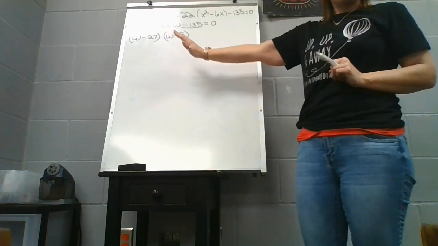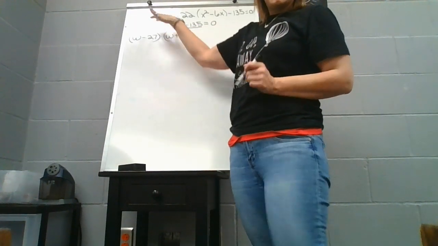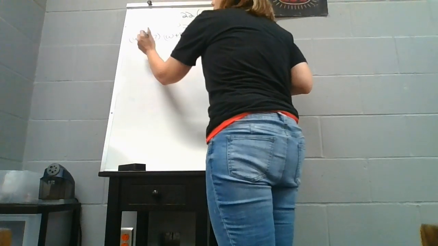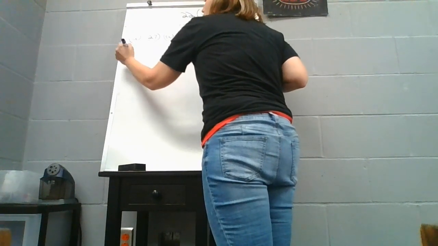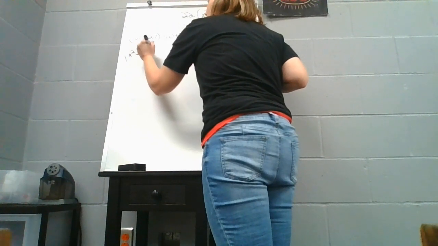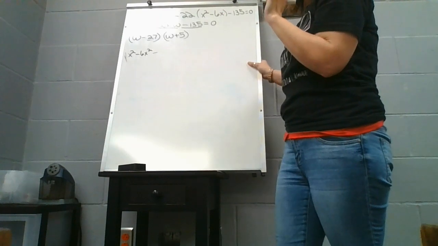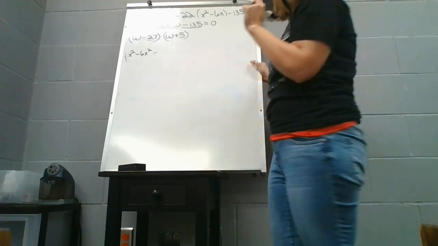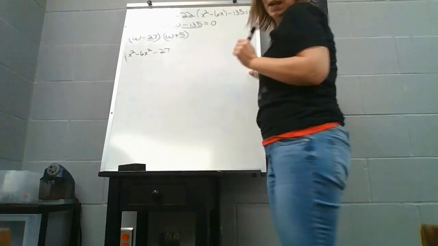We're going to replace W with our x² - 6x. So now we're going to use 27 first. Instead of my W, we are going to do x² - 6x minus 27, okay?